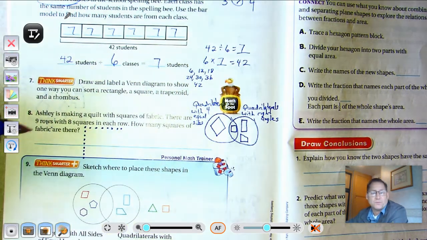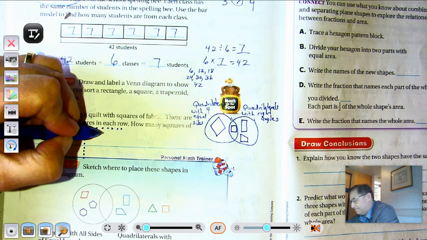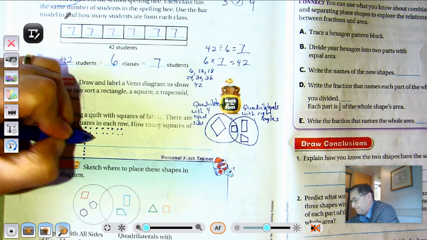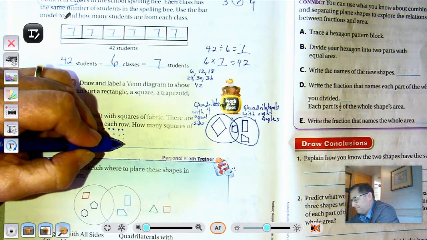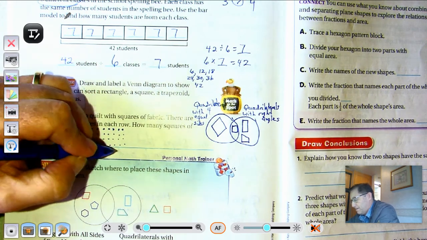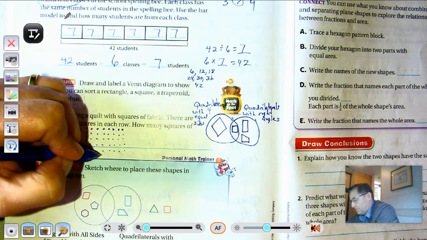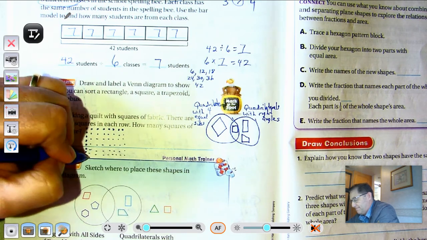Okay, so we're going to have 9 rows of 8, if we were drawing a picture, that is. But I could also just multiply 9 times 8.